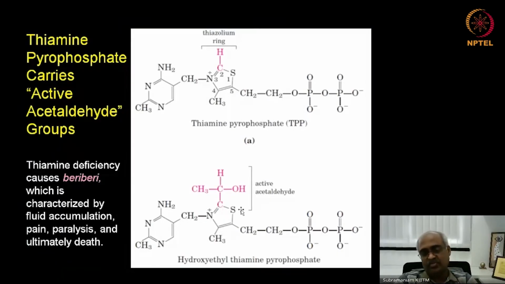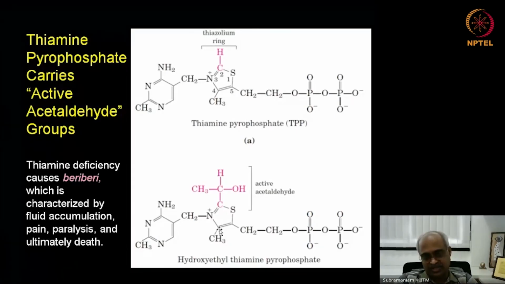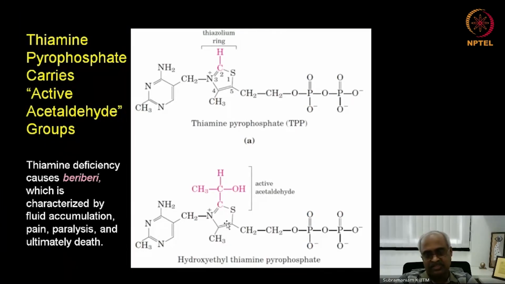And this is a common recurrent theme in biochemistry, where you have a ring structure which is electron deficient, which can temporarily delocalize electrons through resonance among these double bonded ring structures.